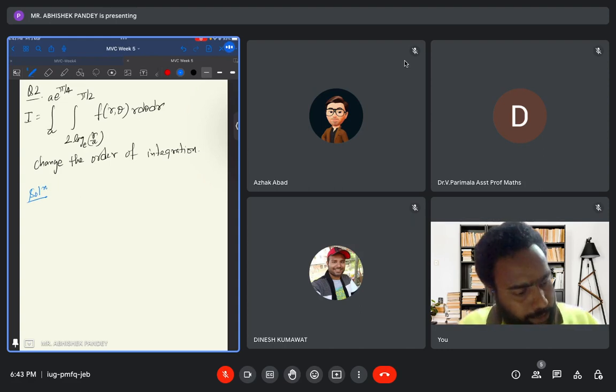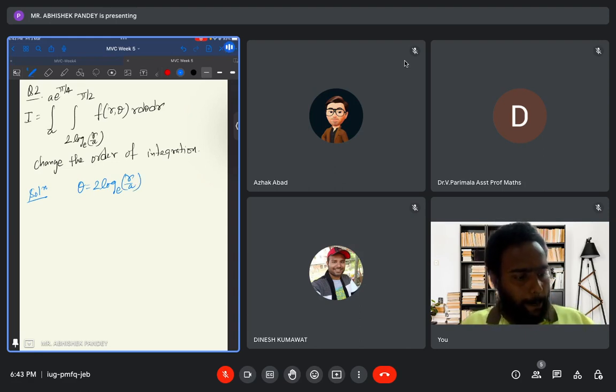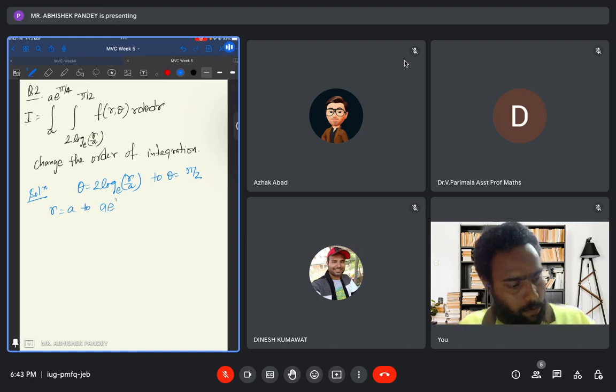Basically theta is equal to 2 log base e r by a, and theta goes up to pi by 2, and r is from a to a e to the power pi by 4.